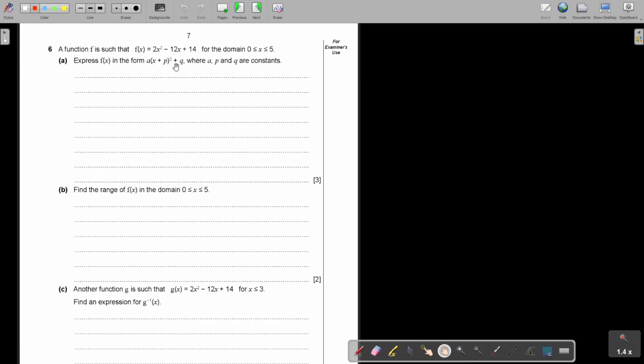Okay, now where will I find this in the textbook? You can look there at maximum and minimum values of quadratic functions.